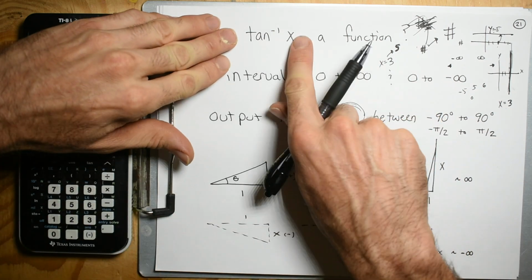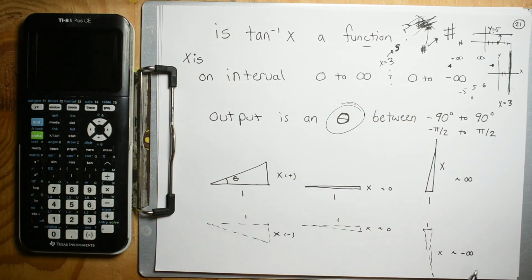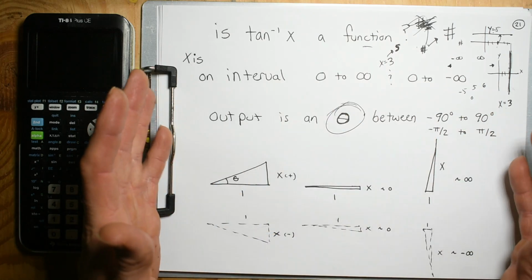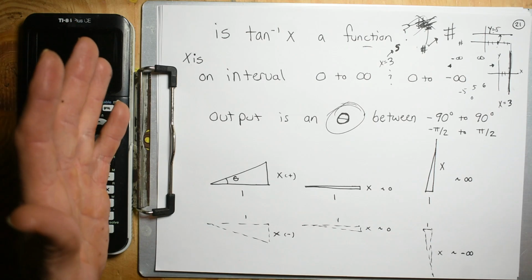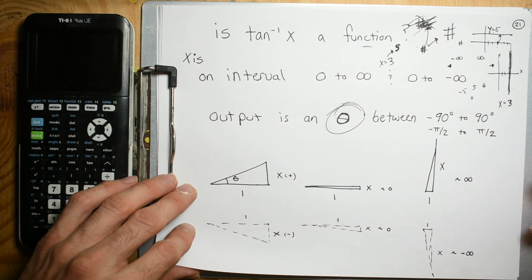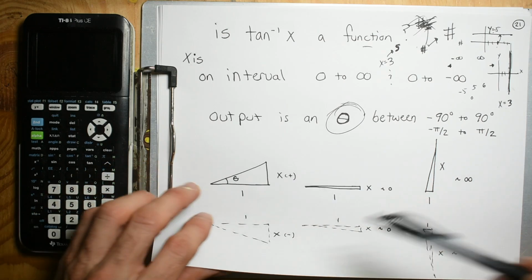Even though that's the output of inverse tangent of x, the derivative will still be an output between two values. It will have a range. Okay, hell yeah, it could be negative and positive.